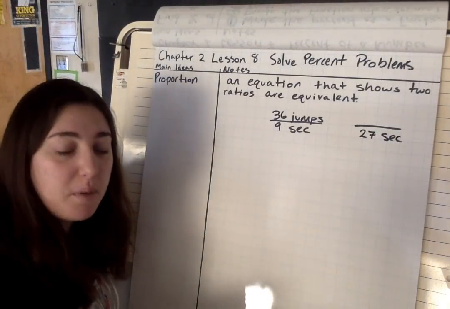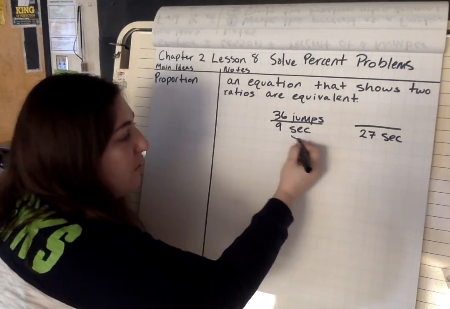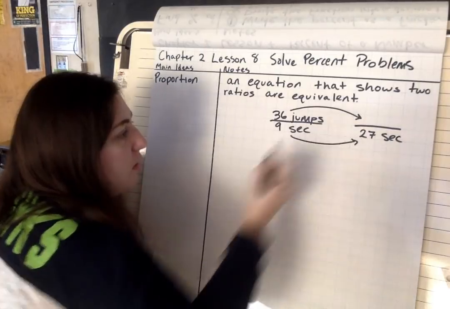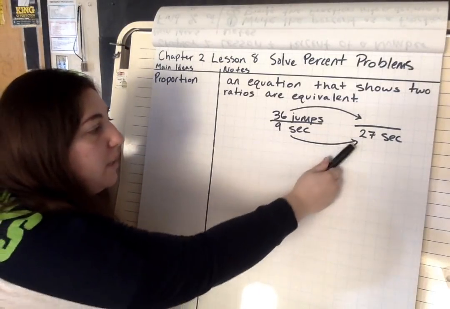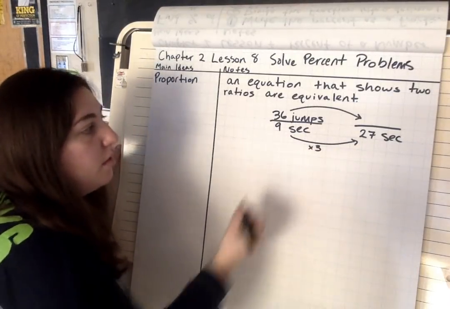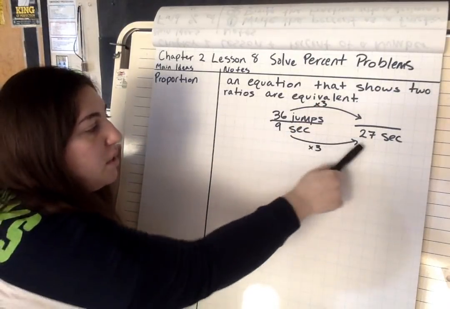Some of you may remember this problem, but our strategy for the problem was to use these arrows. Okay, so using these arrows, we had to figure out how to go from 9 to 27, which you multiplied by 3. So 9 times 3 is 27.